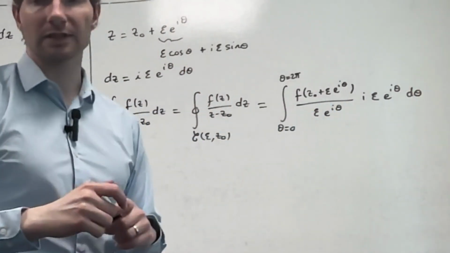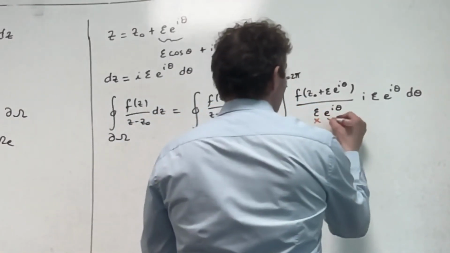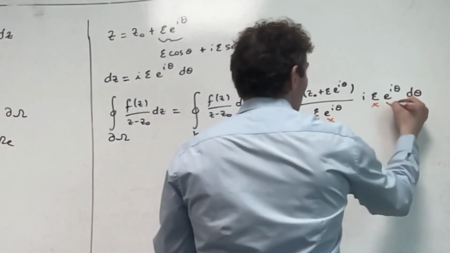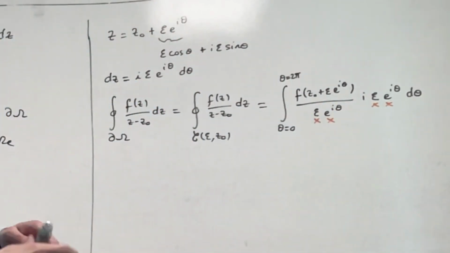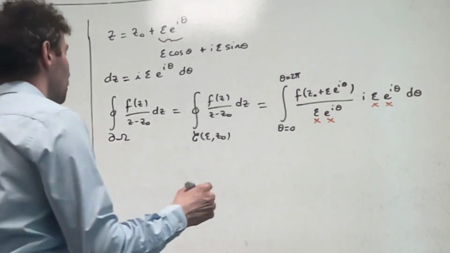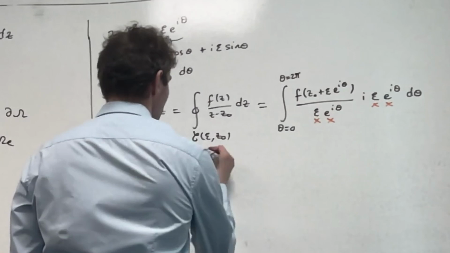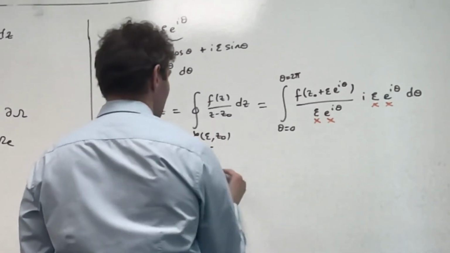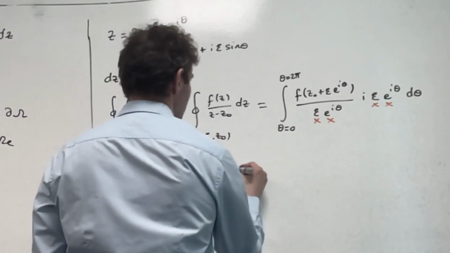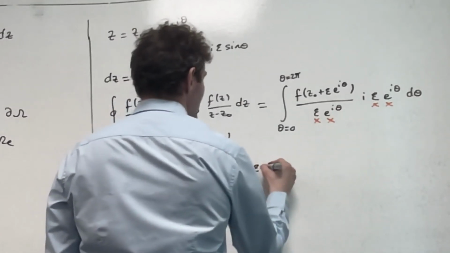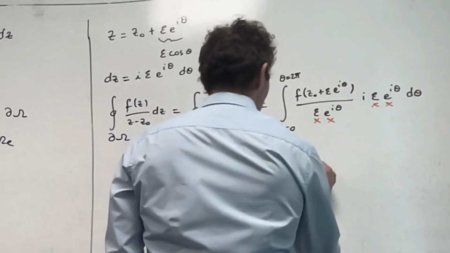So what we see is that essentially the epsilon and the exponential I theta cancel out at the numerator and denominator. So we are going to get that this is the integral from 0 to 2 pi, and then we have I f of z0 plus epsilon exponential I theta, and then d theta.